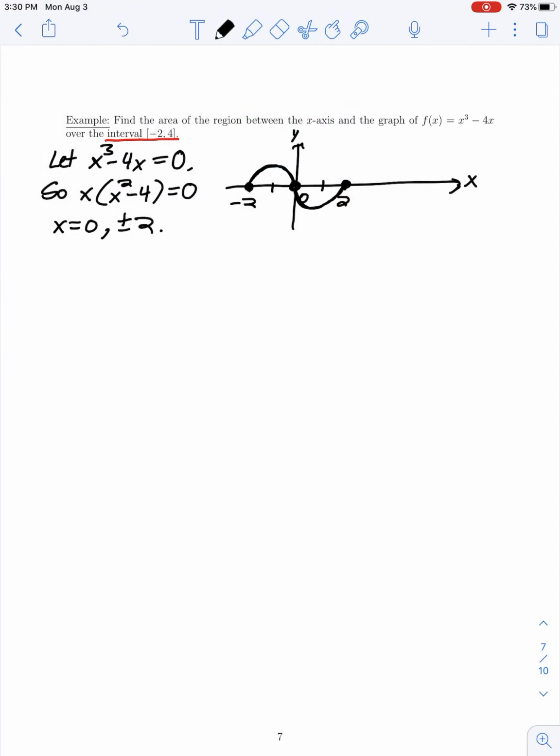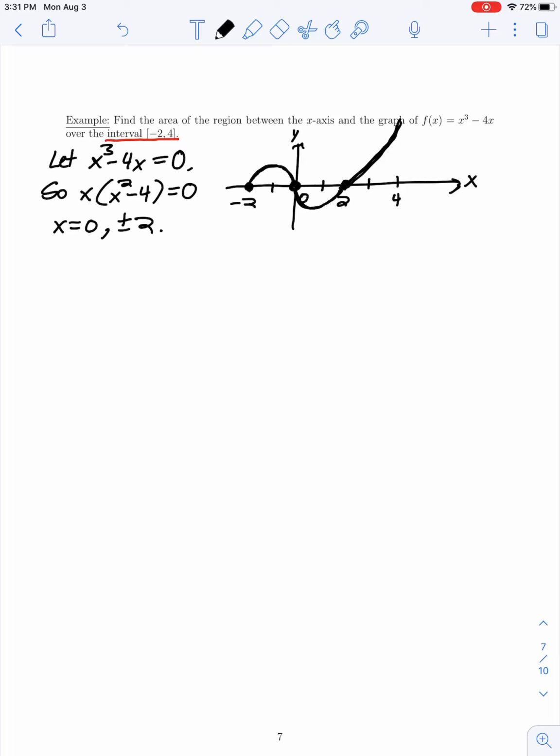So if we go a bit further here, well, between 2 and 4, I could use a value of x, say, equal to 3, and I find that my function would be positive. So it's going to go positive on this portion up through x equals 4.